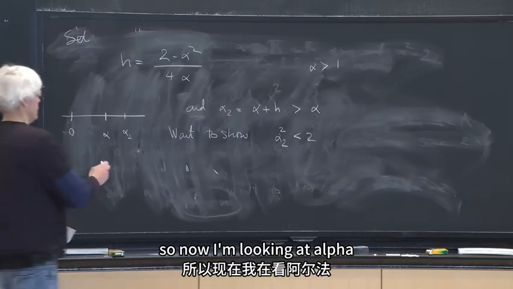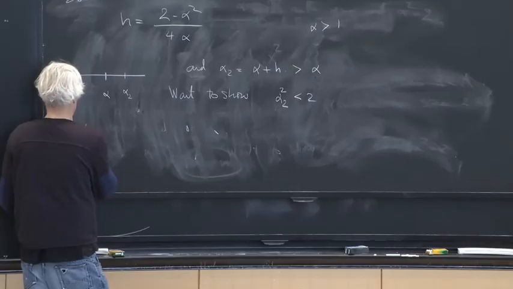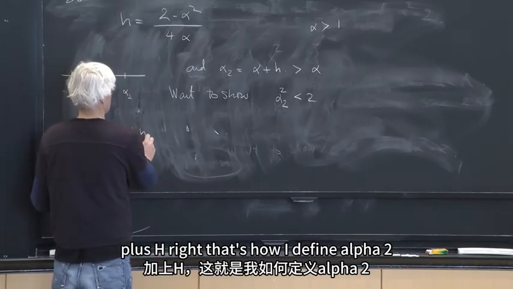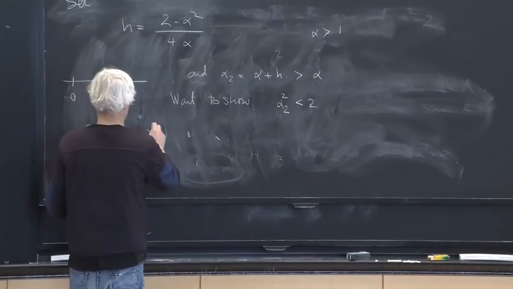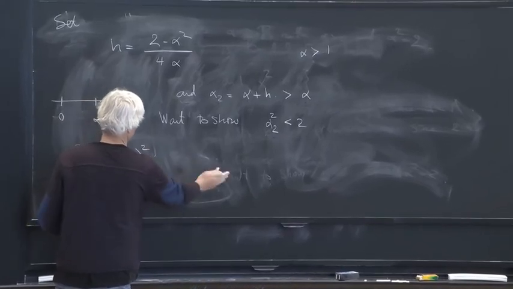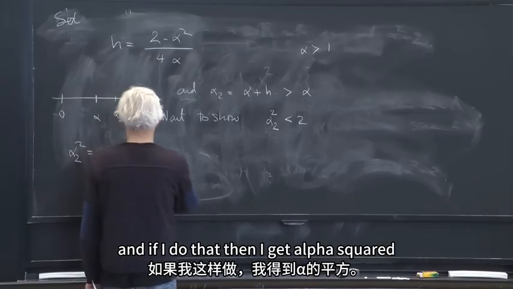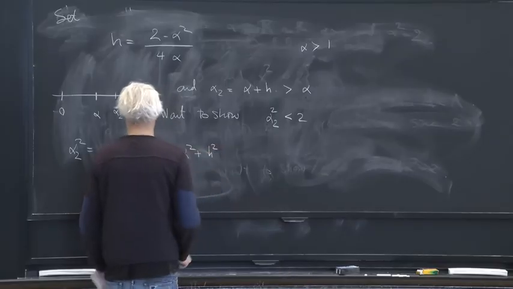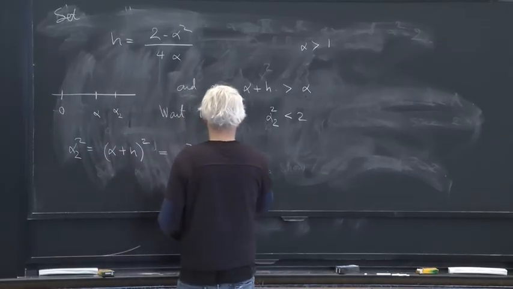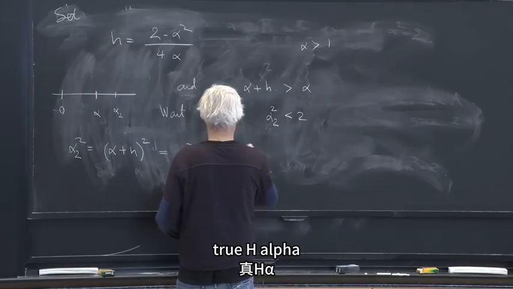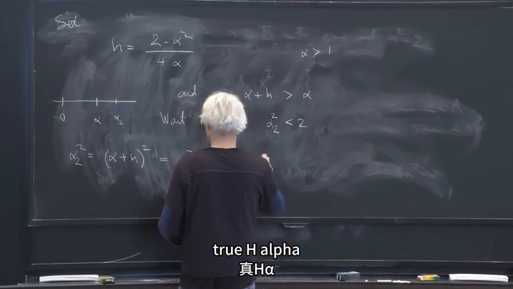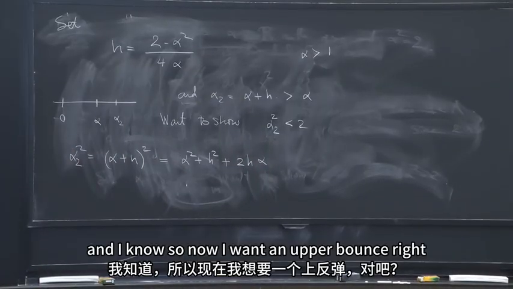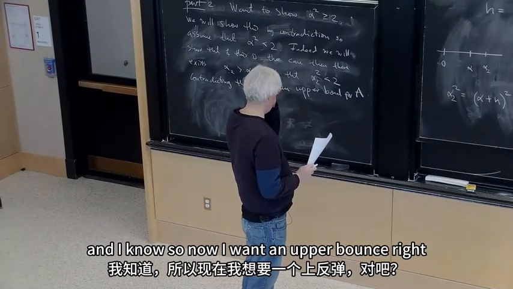So now I'm looking at alpha 2 squared, so that is alpha plus H, right? That's how I defined alpha 2, and I square it. And if I do that, then I get alpha squared plus H squared plus 2H alpha, right? And now I want an upper bound, right?